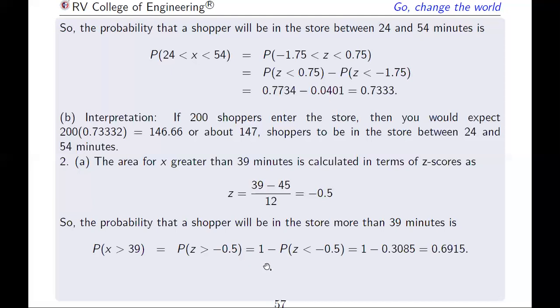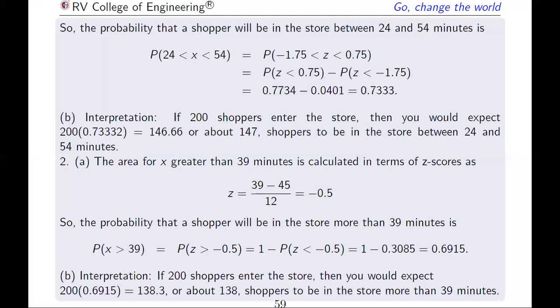This can be easily evaluated by considering the other way, that is total probability minus probability of z less than this, which turns out to be this. So what we can conclude is that if 200 shoppers enter the store, then you would expect about 138 shoppers to be in the store more than 39 minutes.